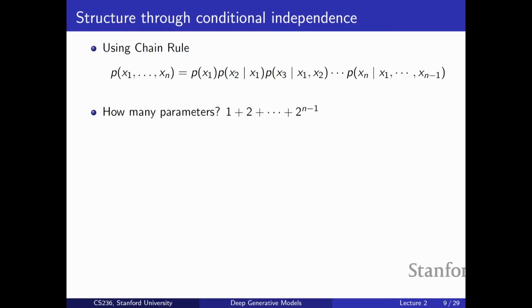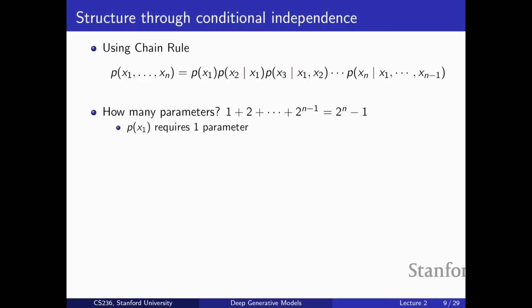The reason is that it's kind of like no free lunch. We haven't made any assumptions to get this factorization, so we cannot expect to get any savings. And you can kind of see it here. Although the first distribution is indeed simple, you can represent it with a single parameter.